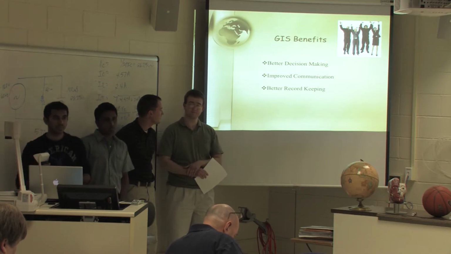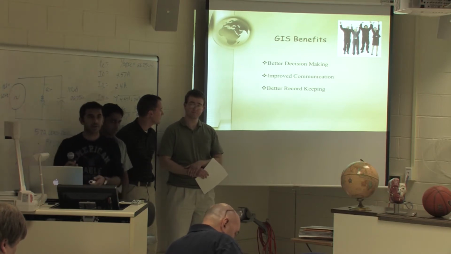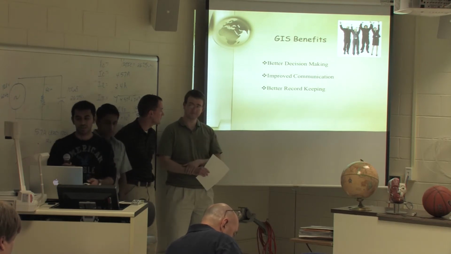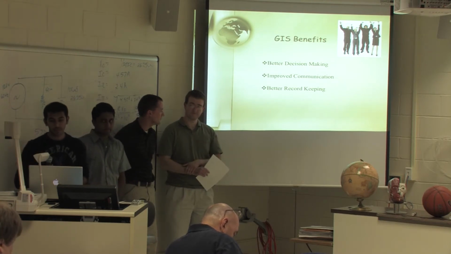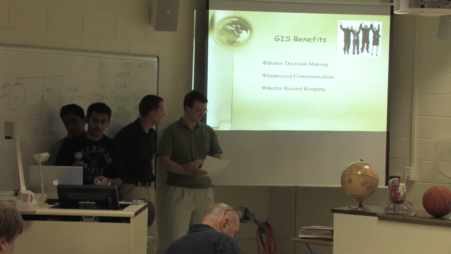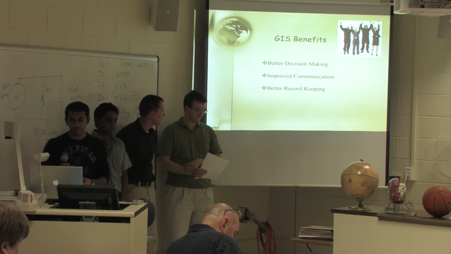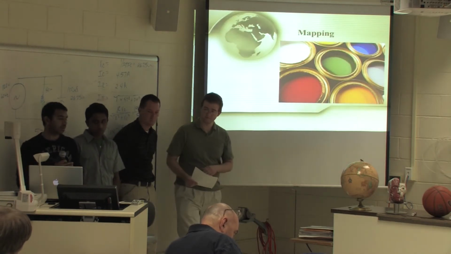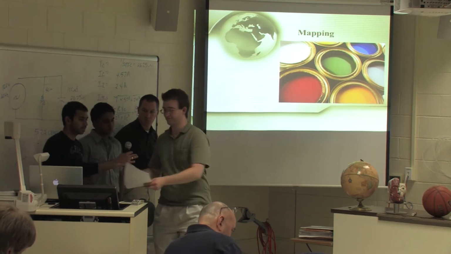This enables you to plan better, protect more people, and reduce the devastating effects. It provides improved communication. This is possible because of high quality visualized maps and better record keeping. Mapping would be explained by Andy here.